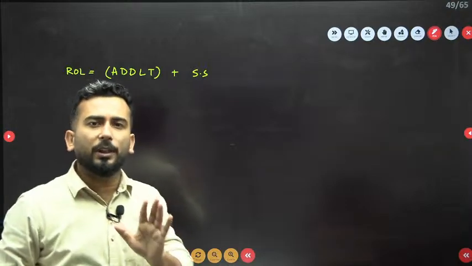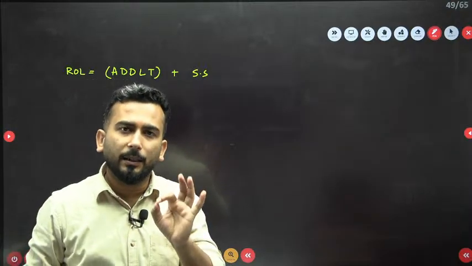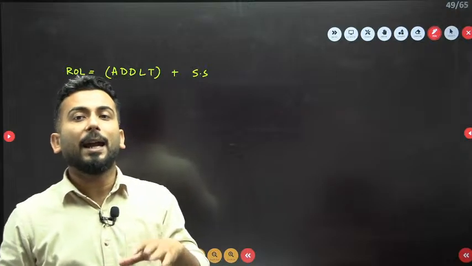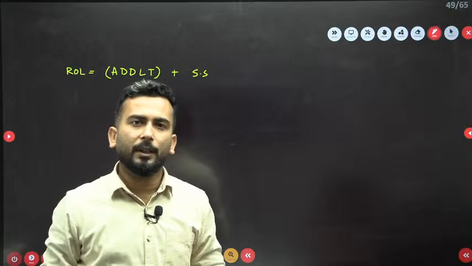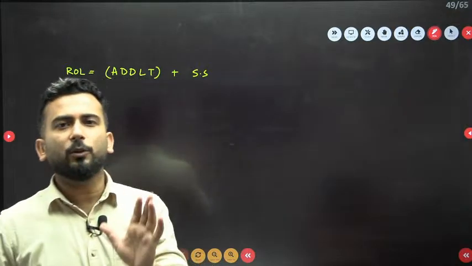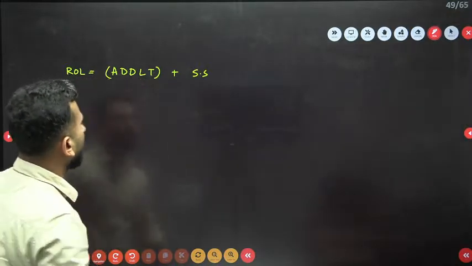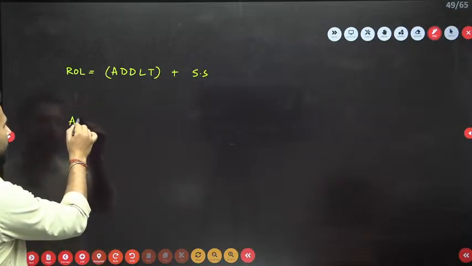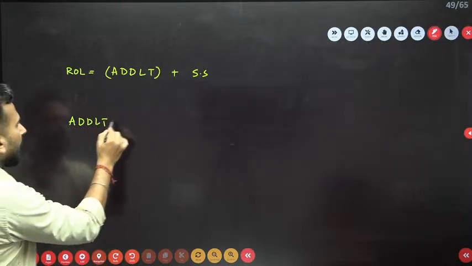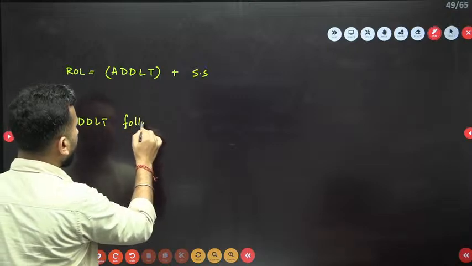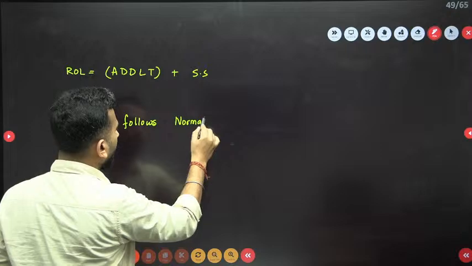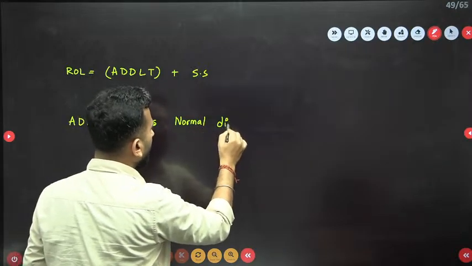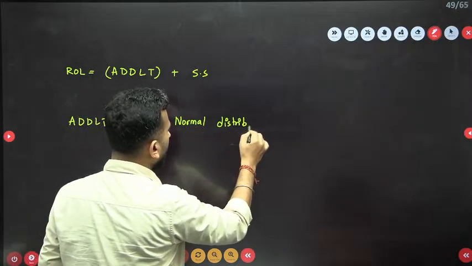So you need to know only one thing: that demand during lead time, or I should say average demand during lead time, follows a normal distribution. Done. Only this thing you need to know, that this ADDLT follows normal distribution.